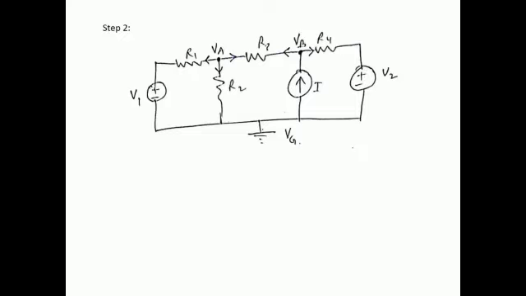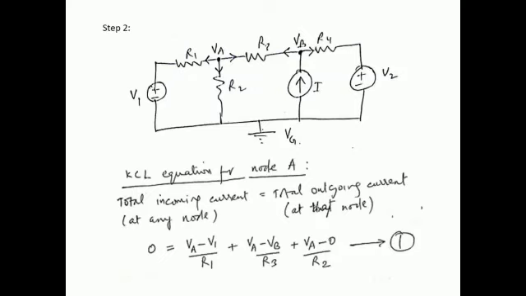Now, in step 2, we apply KCL, Kirchhoff's current law, to all the nodes, and in that we have to assume that the node is at the highest potential when determining its KCL equation. So, when we determine the KCL equation for node A, we keep node A as the highest potential node.